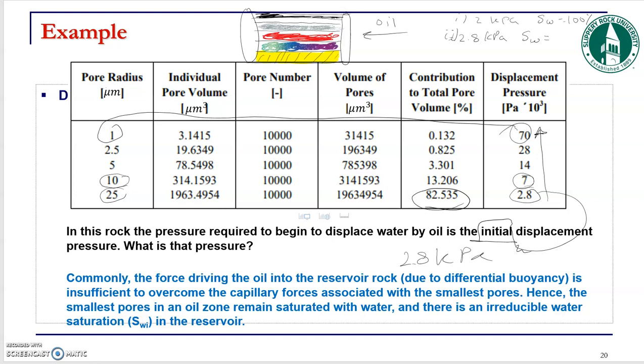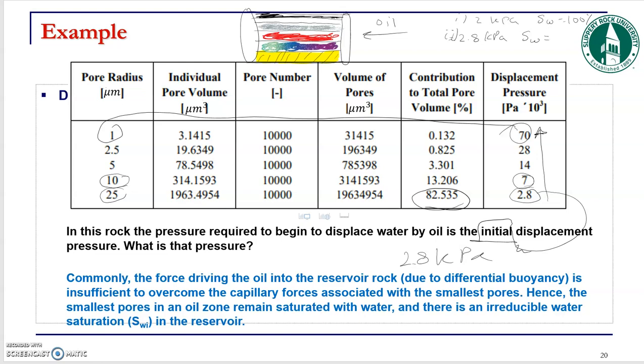82%, right? So by injecting oil at 2.8 kilopascal, you will displace 82% of the water out of the core and substitute it with oil, because with that pressure you can remove all the water inside the 25 micrometer pores, which contribute 82% of the total water of the core sample, right?